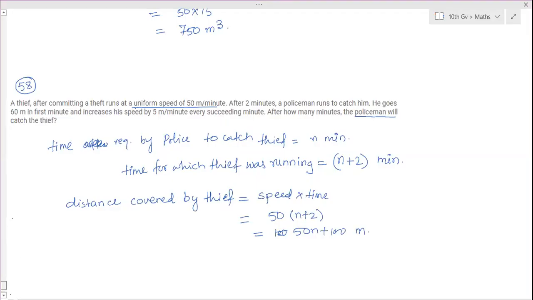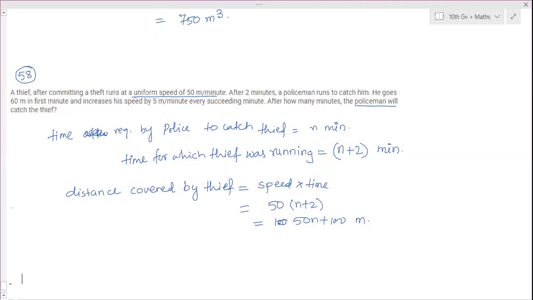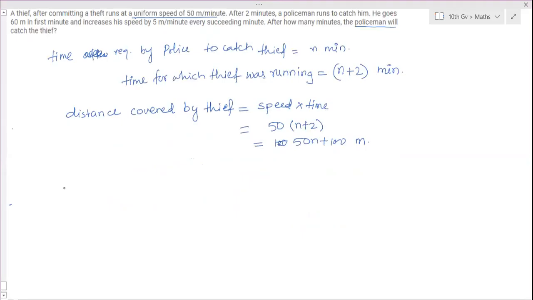Now the distance covered by police. Police has covered in the first minute 60 meters. Second minute, it is 65.